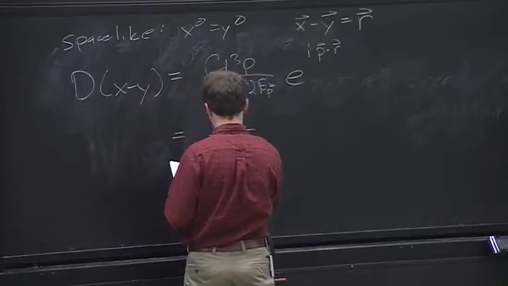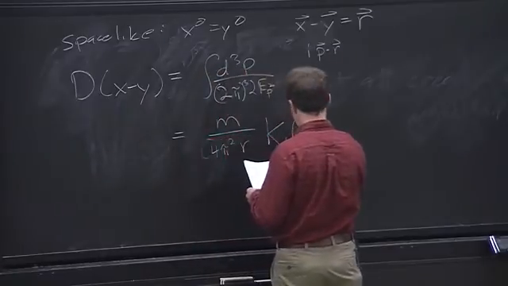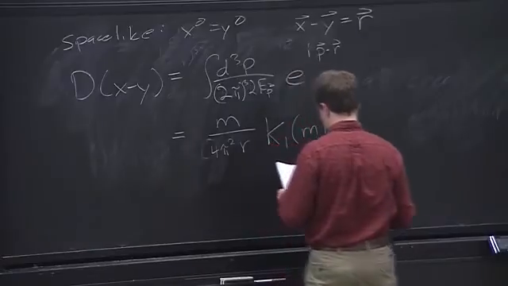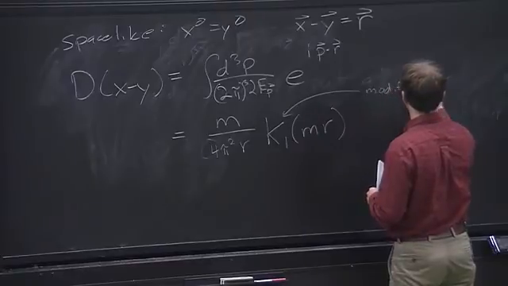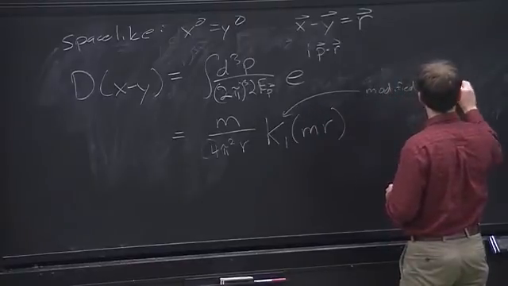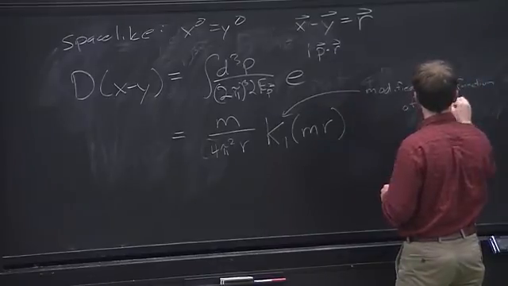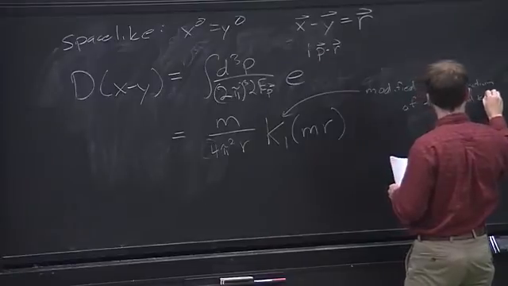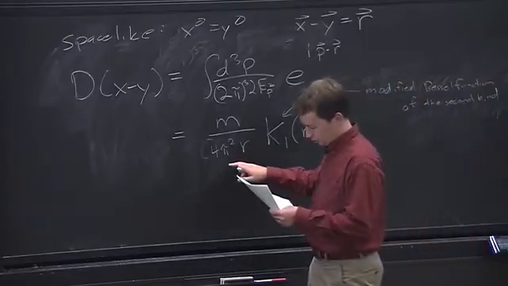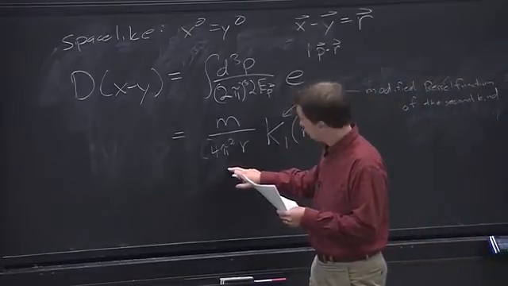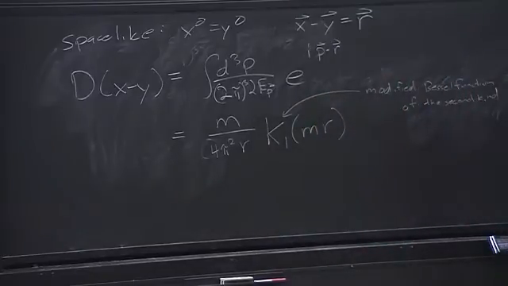So this is m over 4 pi squared r times a Bessel function. This is in particular the modified Bessel function of the second kind. I believe it's 4 pi squared, but that's what I have in my notes, but I could double check.